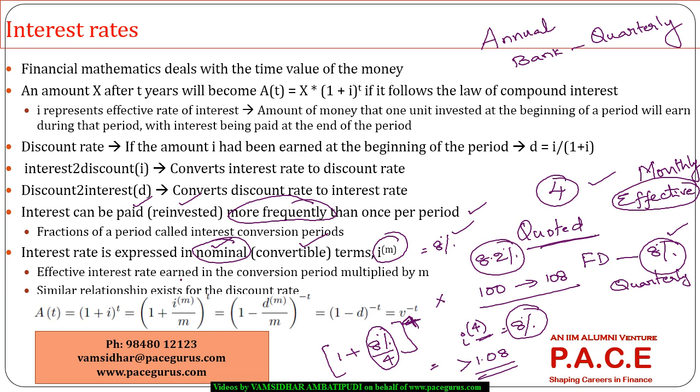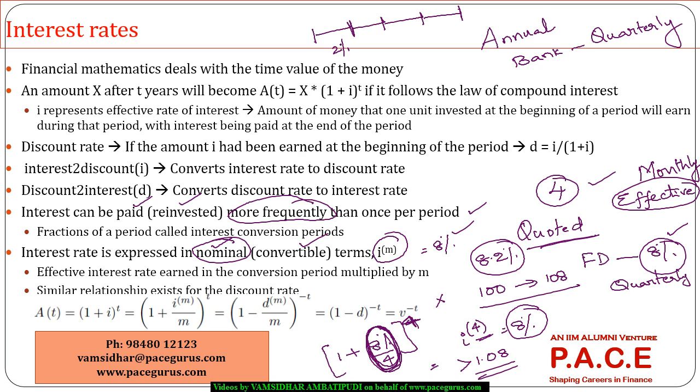So whatever is during this period, the effective rate of interest during the quarter is 2%. Right? So the way we are talking about the nominal is, if I am talking about quarterly compounding, the effective rate of interest every quarter is 2%.